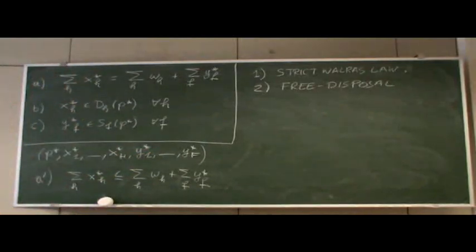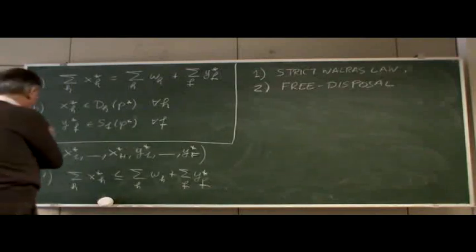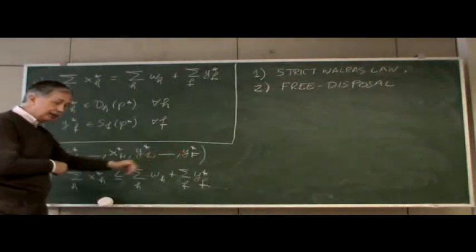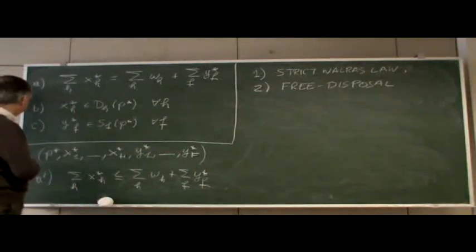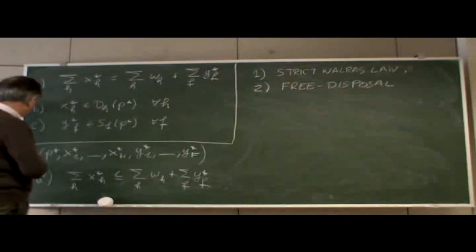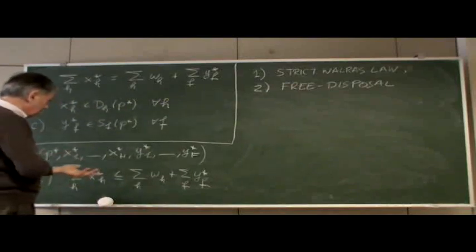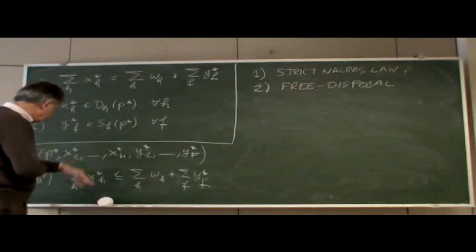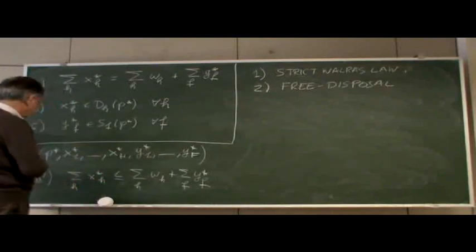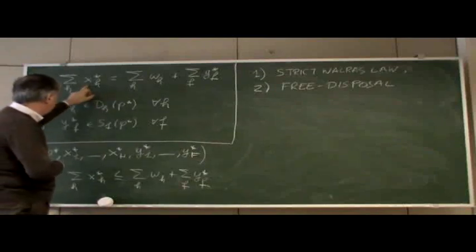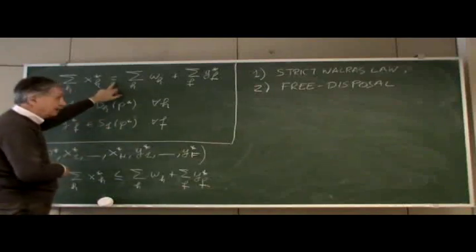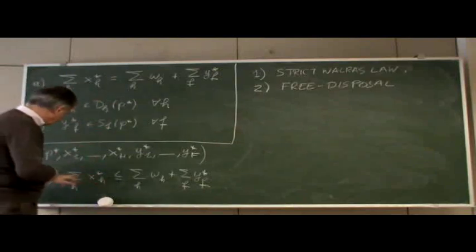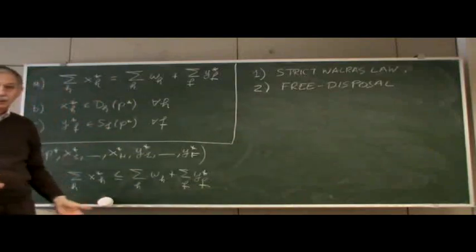Well, one of the implications is absolutely obvious, because if there exists a vector like this, which verifies A, B, and C, then there exists also a vector, the same vector, which verifies A prime, B, and C. Because if this vector verifies A as an equality, it verifies also A prime as a weak inequality.